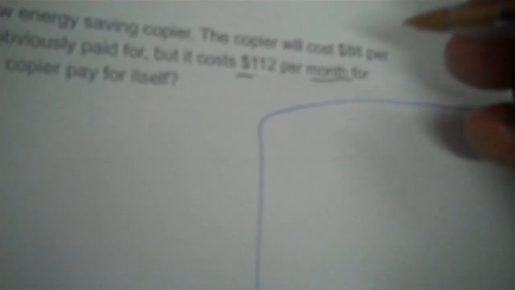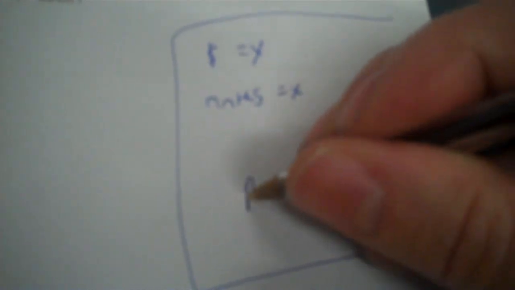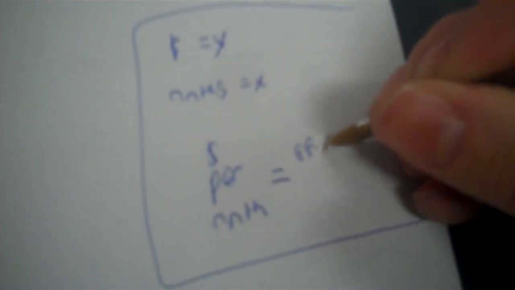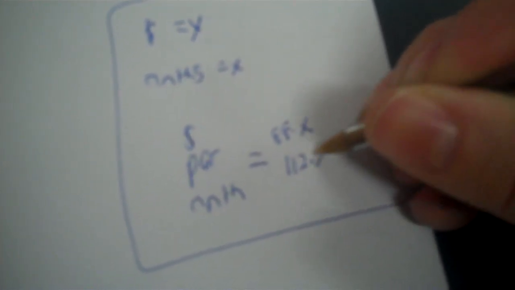Obviously, the new one, you got to make the down payment on it, but you're paying less per month for electricity. So you got dollars and months, X months, Y dollars. So the dollars per month rate we have is 88 and 112.